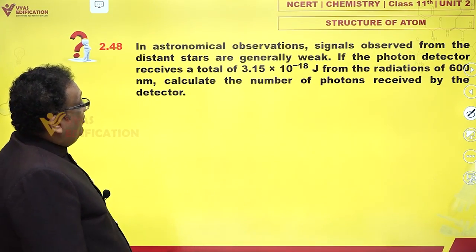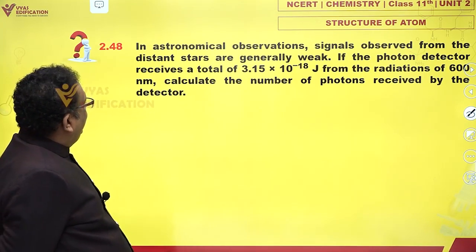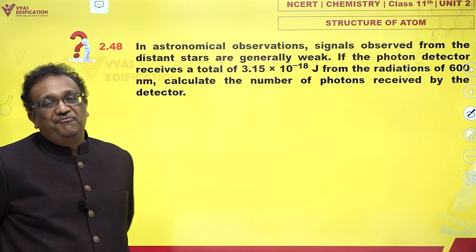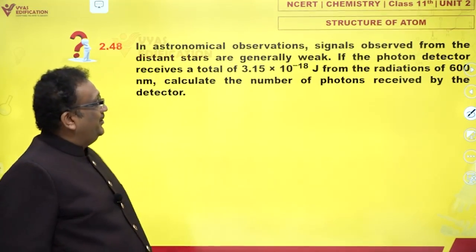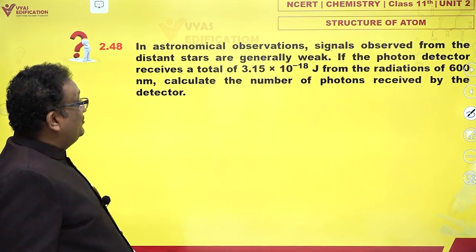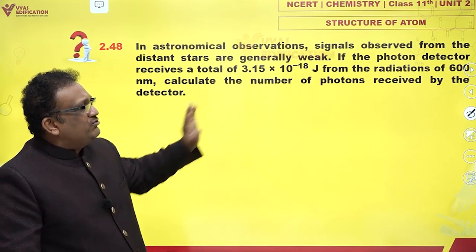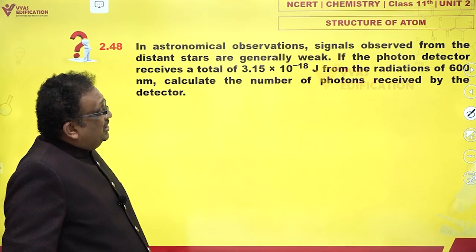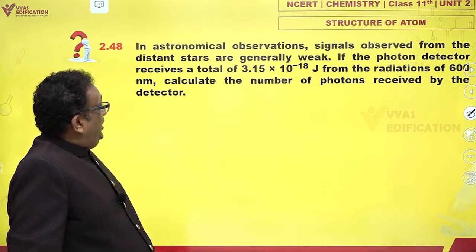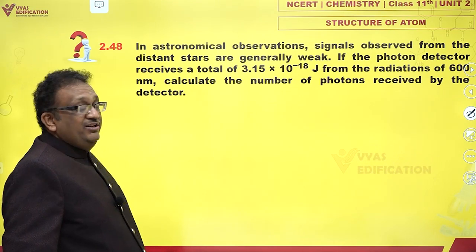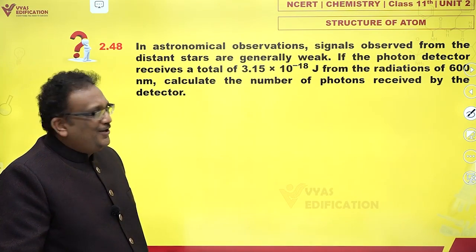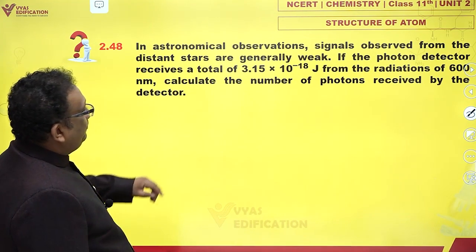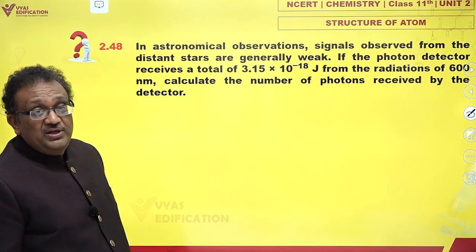In astronomical observations, signals observed from distant stars are generally weak. Yes, they are. They're very far off naturally. A photon detector receives a total of so many joules from radiation of 600 nanometers. Calculate the number of photons received by the detector. Radiations are 600 nanometer.